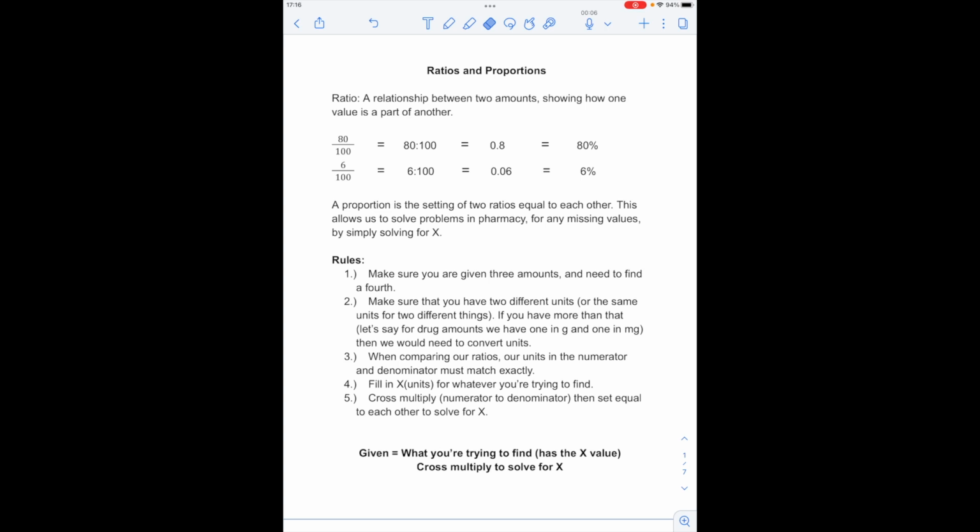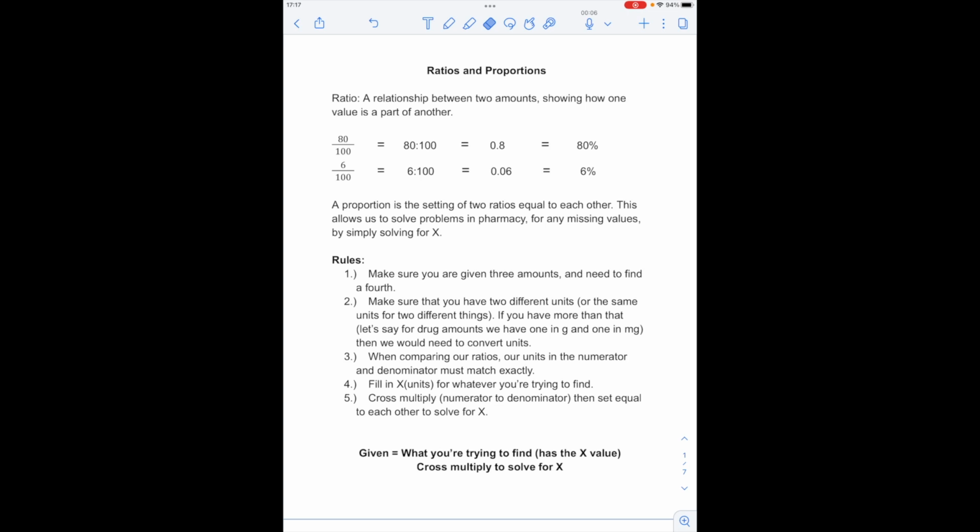So for example, the cups of flour and cups of sugar, we would have to have both cups of flour in the denominator or both cups of flour in the numerator. We don't want to switch these around. We don't want to have cups of flour in one denominator and then cups of flour in the numerator of the second one. Both ratios have to have cups of flour in their denominators or in their numerators.